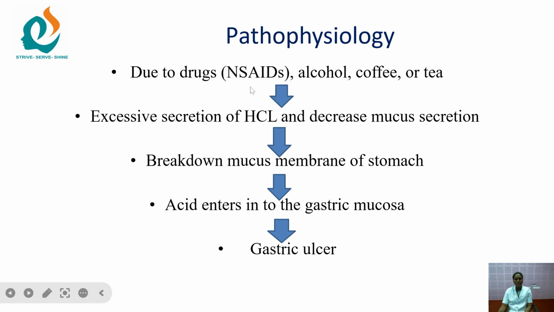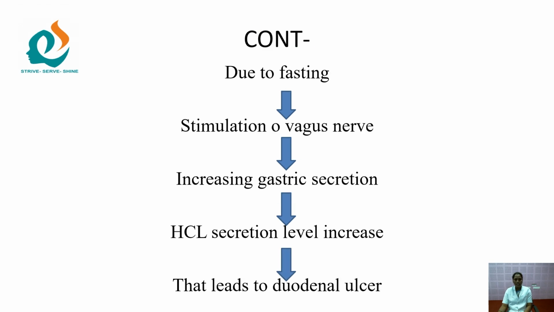NSAIDs, alcohol, coffee or tea induce the HCl secretion, and that is why the mucus secretion decreases. When HCl secretion increases, it leads to breakdown of the mucous membrane of the stomach. Then the acid enters into the gastric mucosa, and that leads to gastric ulcer.